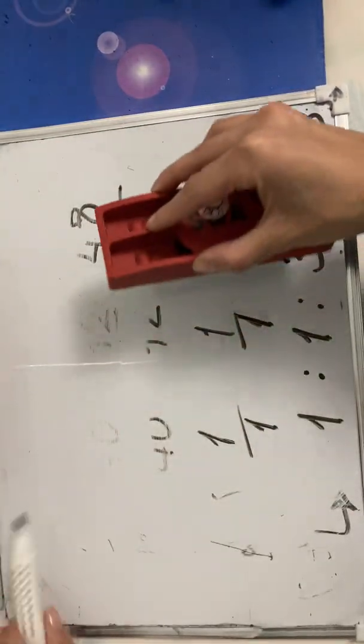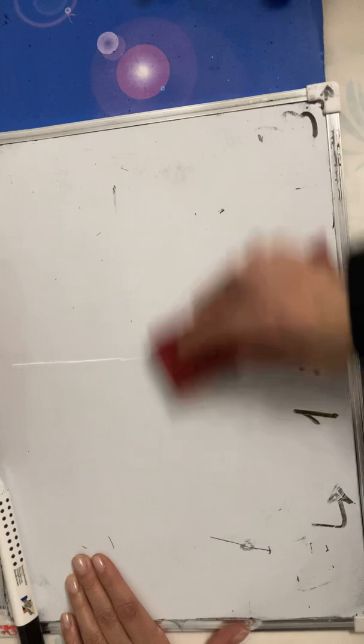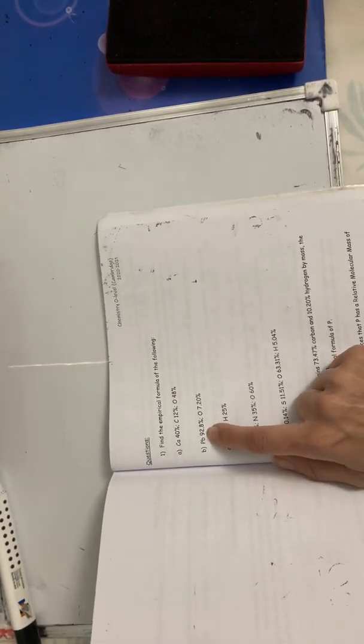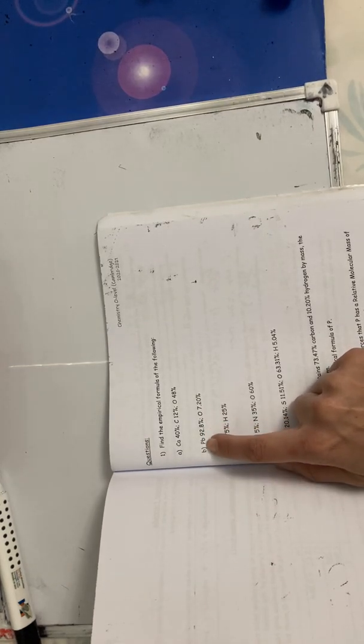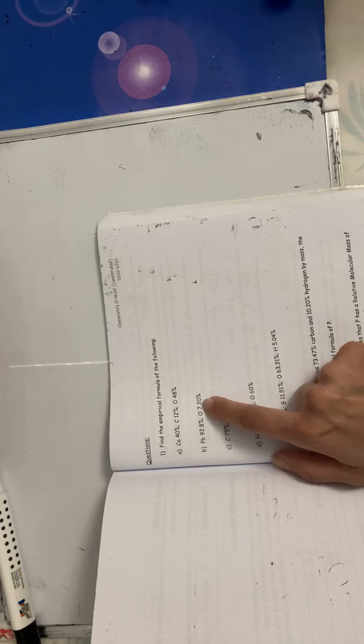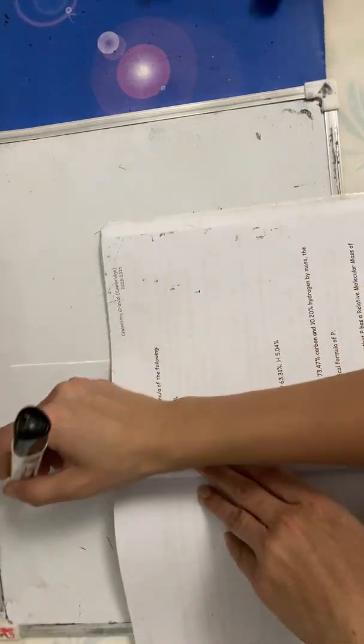Let's move on to the second example. Here, 92.8% of lead in this compound and 7.2% of oxygen in this compound. So I would list the elements like this.